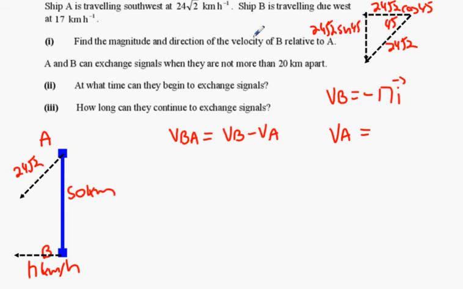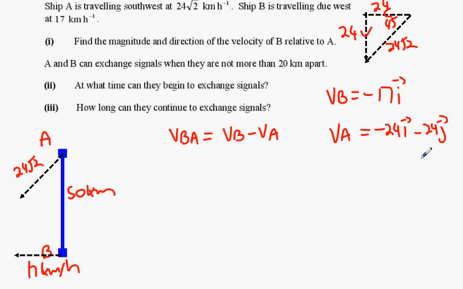I know sine 45 is 1 over root 2, and cos 45 is also 1 over root 2. So it's just going to make it a double 24. 24 across, 24 down. Anybody want to tell me what the i j is for 24 across, 24 down? Minus 24i, because it's going left, and minus 24j, because it's going downwards.